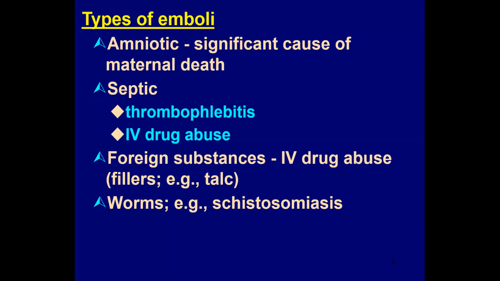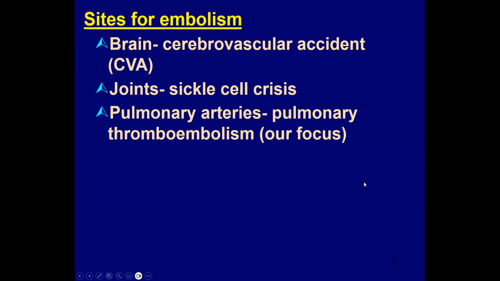Final source of embolus is worms, parasites, such as schistosomiasis, which we're not likely to see in this country because it occurs mostly in the Orient. So if you do see a patient with an embolus with schistosomiasis, they have been traveling somewhere.